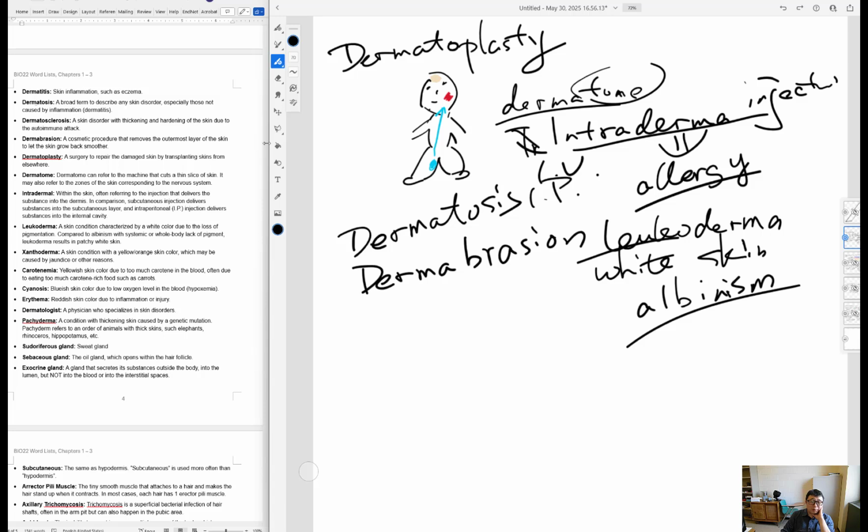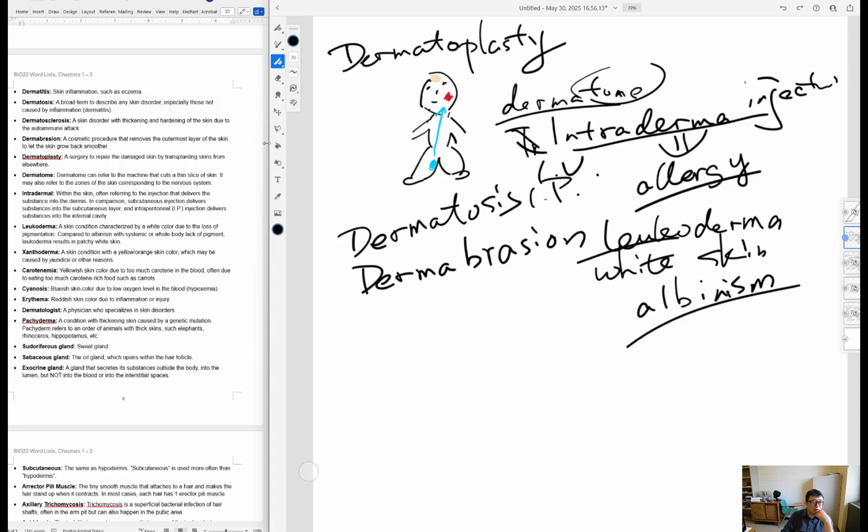Albinism is the lack of pigment everywhere, so people are completely white. But leukoderma is patchy, in one place and another. It is a local loss of the capability of producing pigment in that area, and then it's white skin.